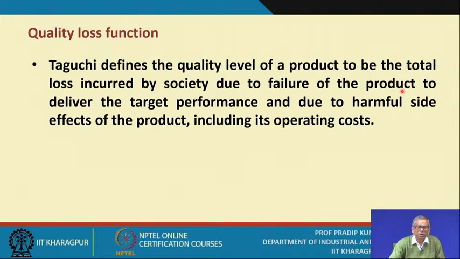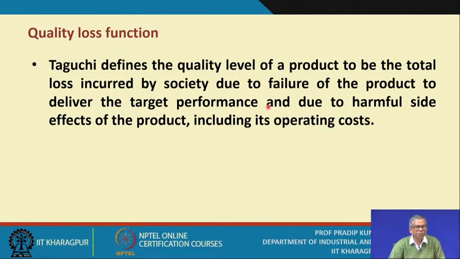And if it doesn't fail, or even if it fails rarely, then what do you expect? That the product performance is excellent. If the performance is excellent, as well as there is minimum harmful side effect, we say the quality is excellent. That means under these conditions the societal loss is minimum.